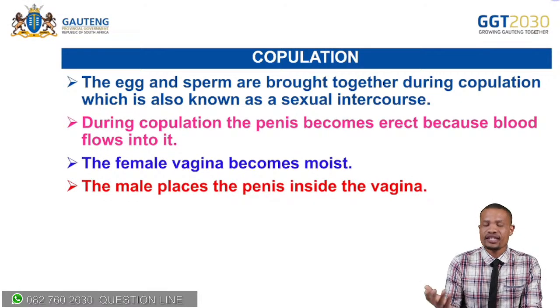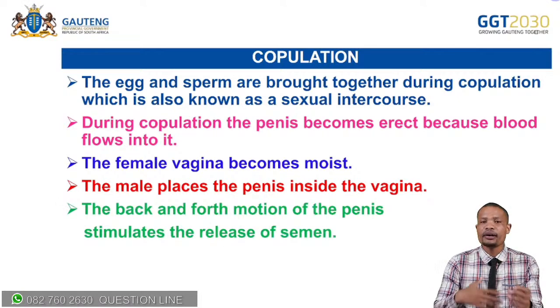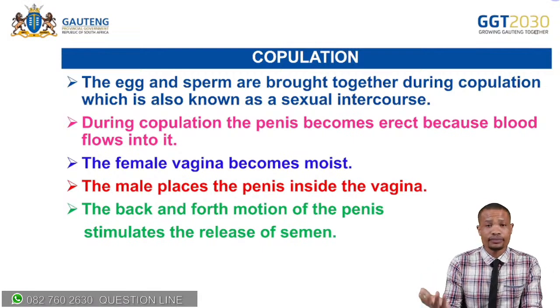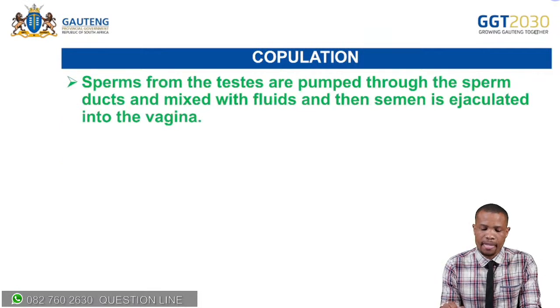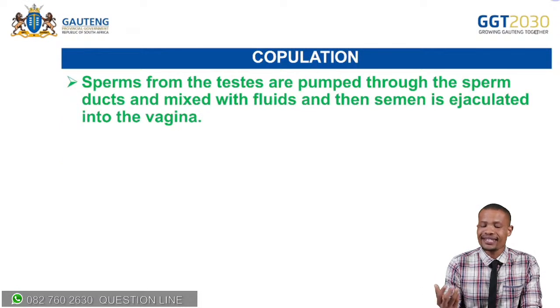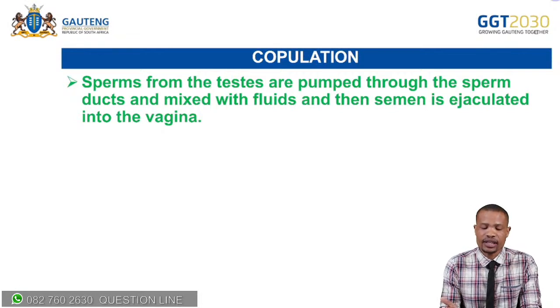The male places his penis inside the vagina, and the motion of back and forth that occurs during copulation stimulates the release of semen from the male penis. Okay, so sperms from the testes are pumped through the sperm ducts and mixed with fluids, and then semen is ejaculated into the vagina.